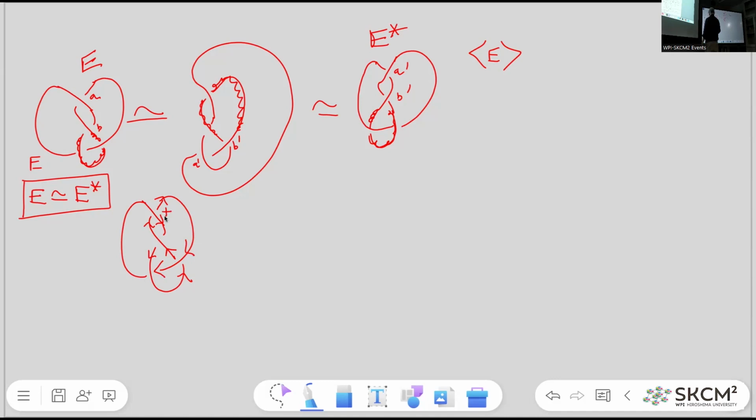Plus, minus. So the writhe of the figure 8 knot is equal to 0.